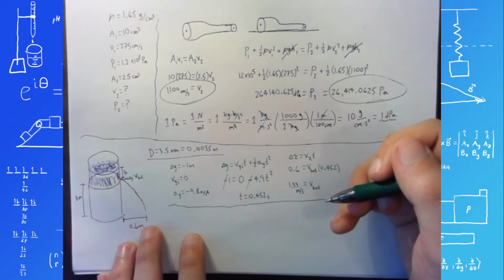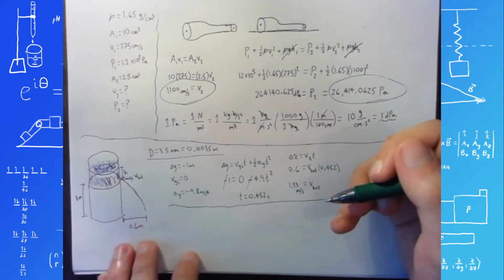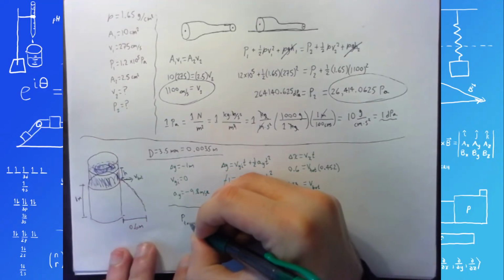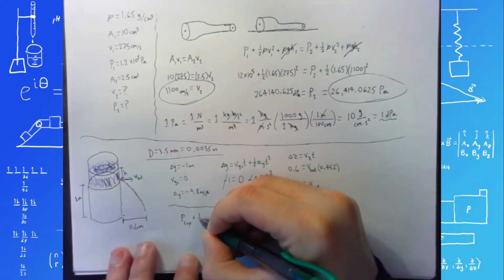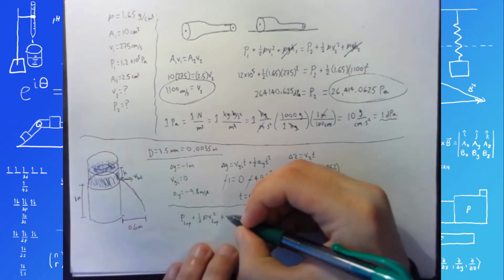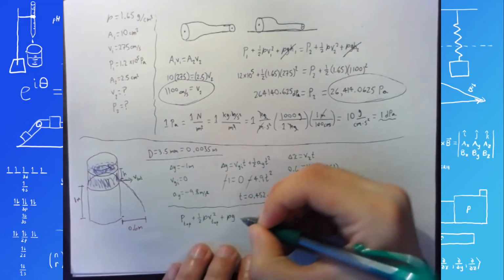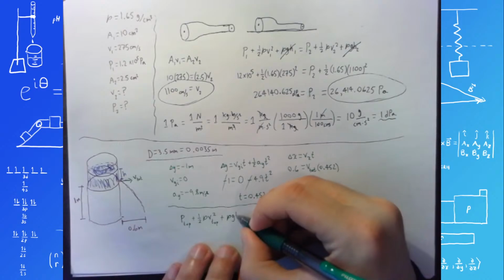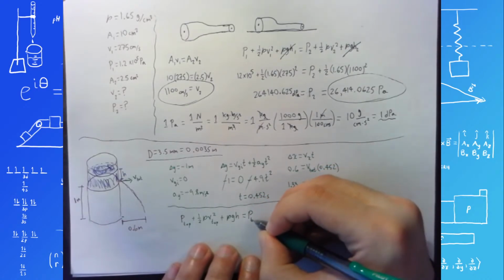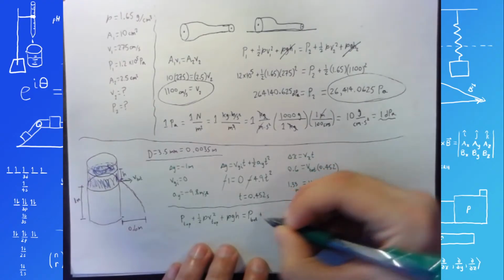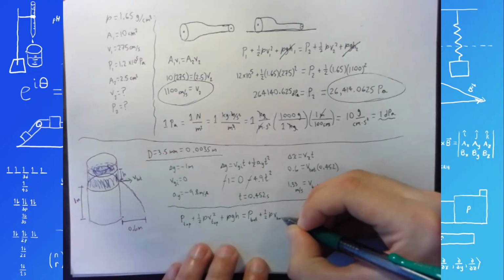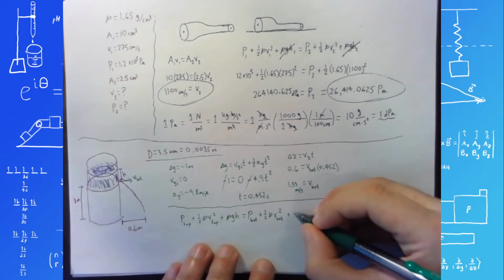But yeah, so we're going to do Bernoulli's equation. Tells us P at the top plus 1/2 rho V top squared plus rho g, height at the top is just H, equals P bottom plus 1/2 rho V bottom squared plus rho g.